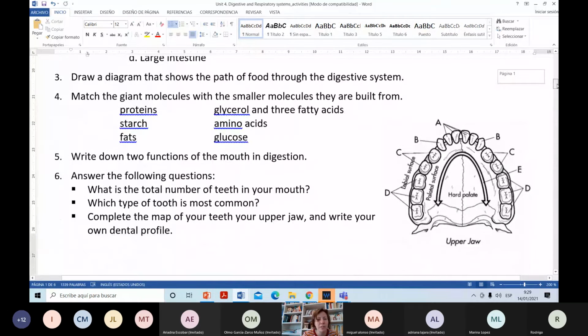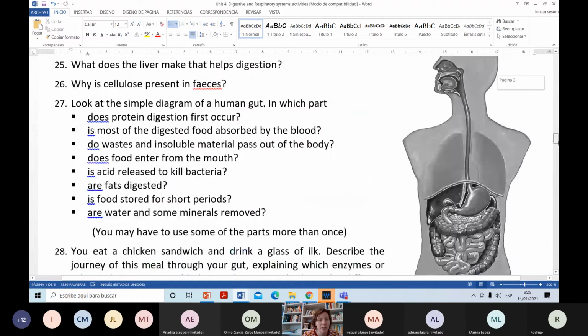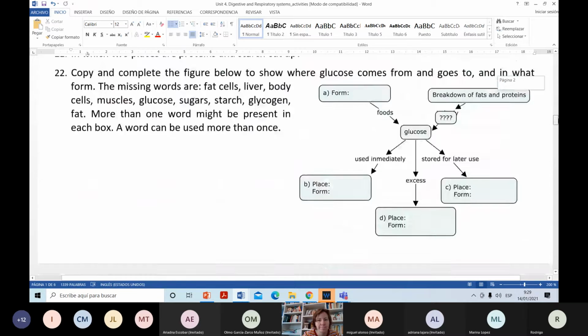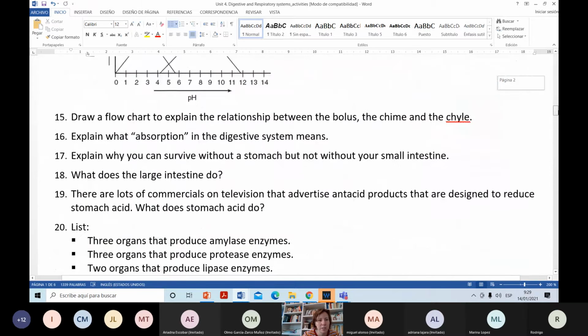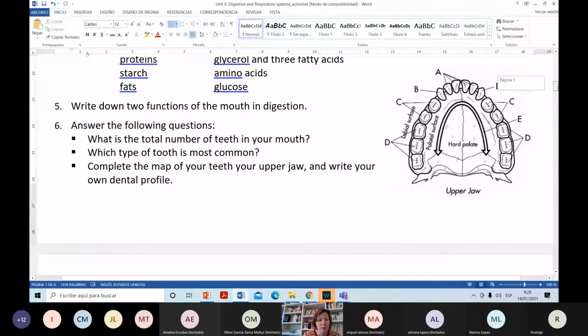Well, question number 3 in your photocopy is not done either, but it's just a diagram that shows the path of food through the digestive system. Well, we did something similar, and I think it's already corrected, but we did it in activity number 15, something similar, but we can repeat it, okay?